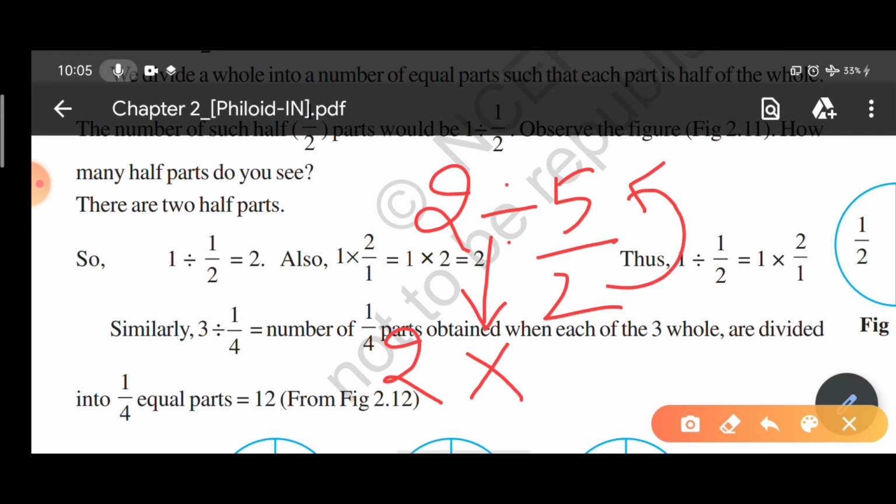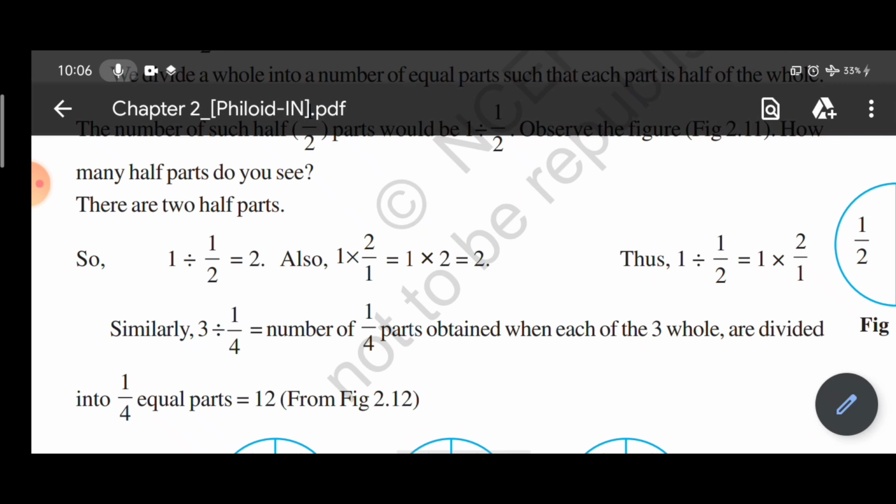Simply exchange the values. So here it will become 2 by 5. So the same process of multiplication: numerator that is 4 and denominator that is 5 1s are 5. So 4 by 5 will be my answer. In that way you can divide. Simply remember, change the division sign to multiplication and take the reciprocal of the value ahead of it. In that way you can simply divide any fraction.